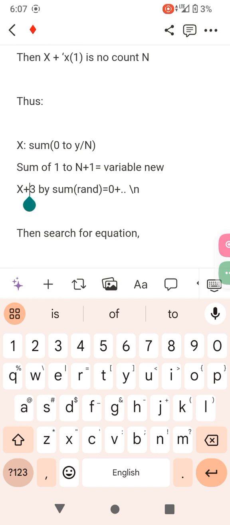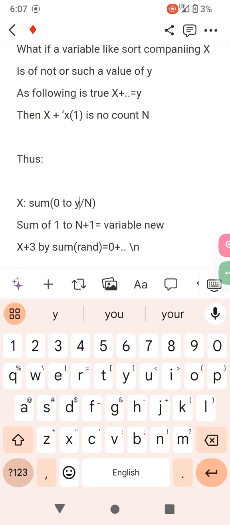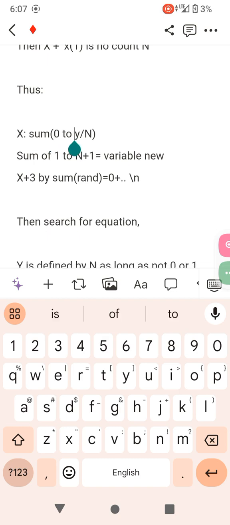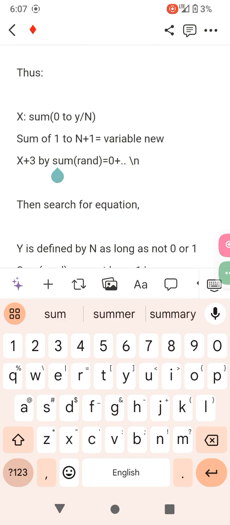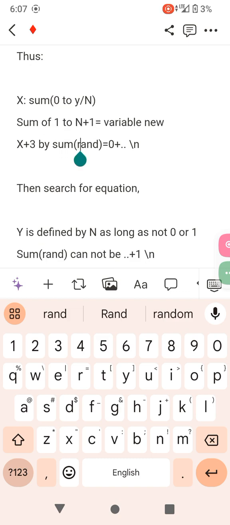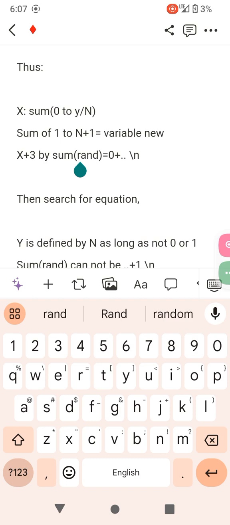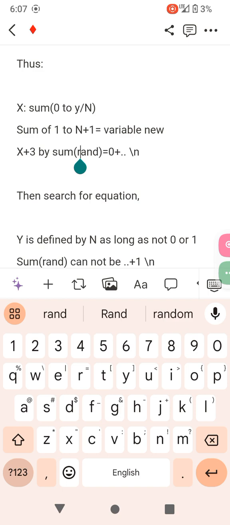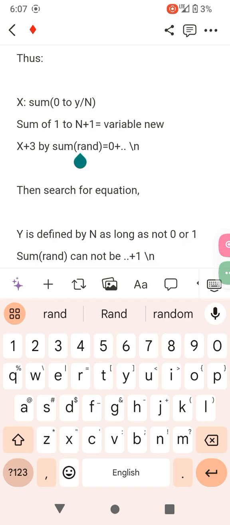Of course, some random is not the same as some 0 to y, but the important idea here is that some 0 to y over n can always calculate to and calculate up by any number that is in combinated of not learned but constricting result of some random.